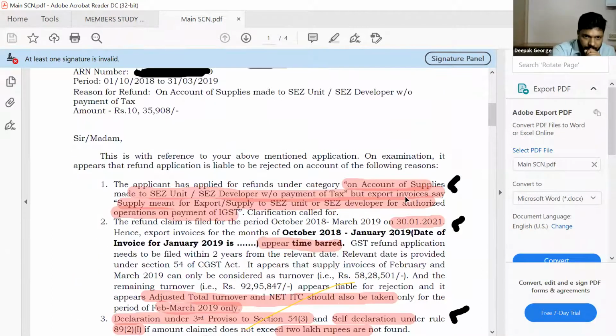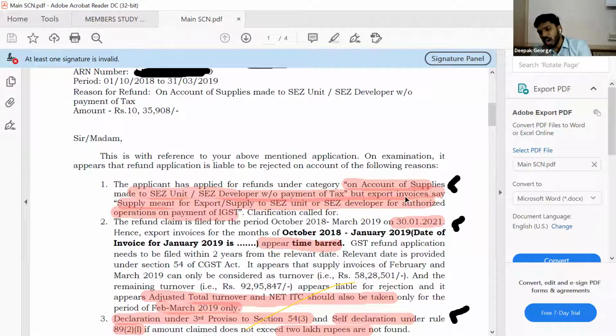Firstly, he says that you have applied for refund for export or zero-rated supplies without IGST payment to an SEZ unit. But in your export invoices, you are putting a line saying these supplies are liable to IGST. First of all, you're not paying IGST. You are claiming refund under the category of no IGST export to SEZ under LUT.